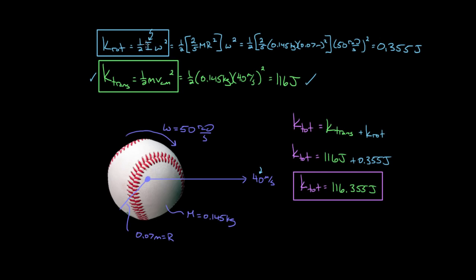If it's a point mass going in a huge circle, you could use m r squared. If it's a sphere rotating about its center, you could use 2/5 m r squared. Cylinders are 1/2 m r squared. You can look these up in tables to figure out whatever the I is that you need, times the angular speed squared of the object about that center of mass. And if you add these two terms up, you get the total kinetic energy of that object.